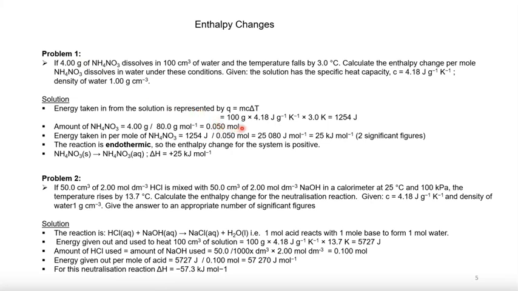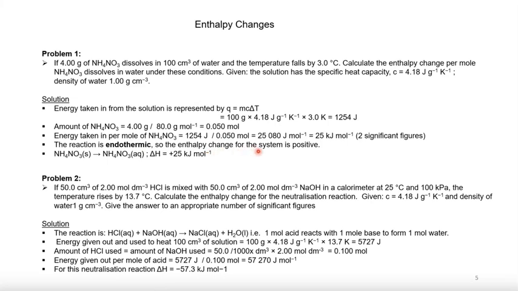So energy taken per mole of ammonium nitrate is 1,254 joules divided by 0.05 mole, which equals 25,080 joules per mole, that is 25 kilojoules per mole. Why do we take 25? Because we are experimenting here with two significant figures. So we have taken 25 kilojoules per mole. This reaction is endothermic.